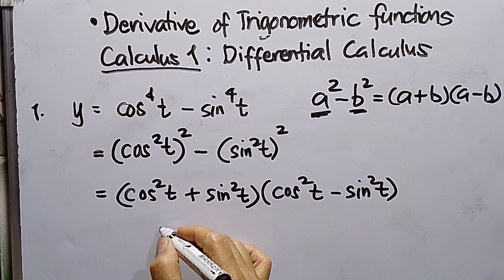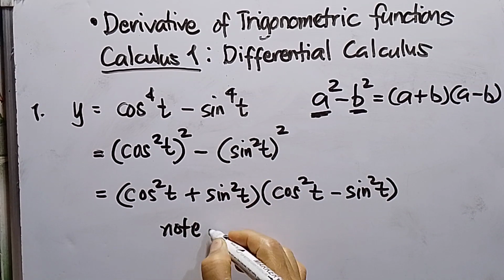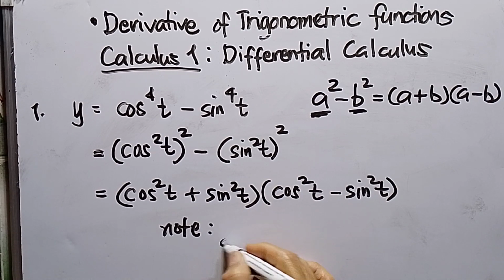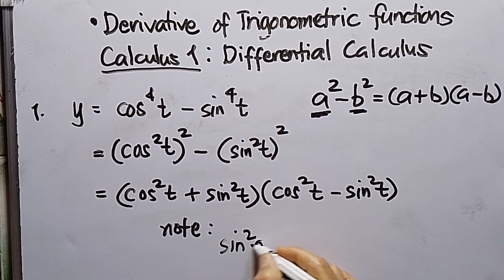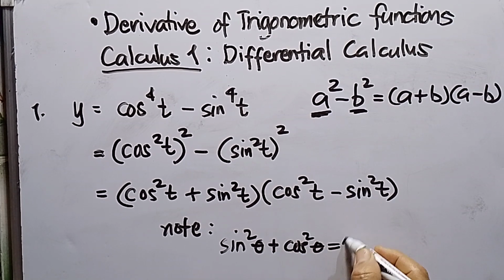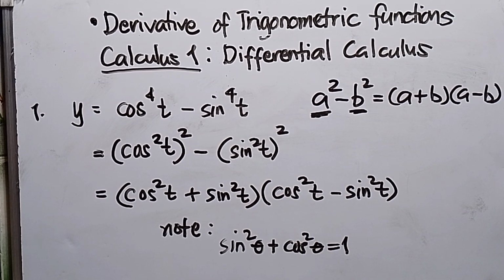Then we will recall our simple trigonometric function. So we know that sine squared theta plus cosine squared theta is equal to 1. So cosine squared plus sine squared theta is equal to 1.